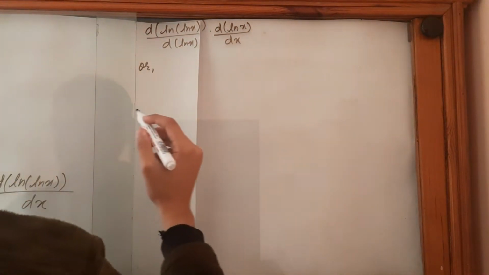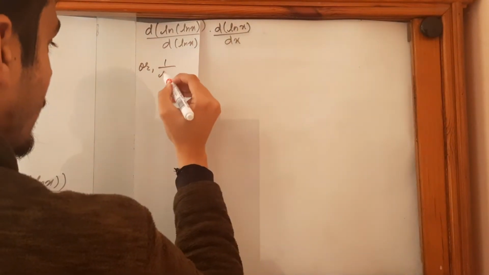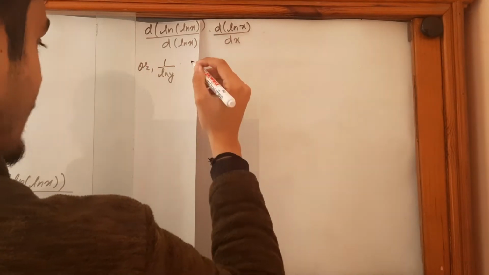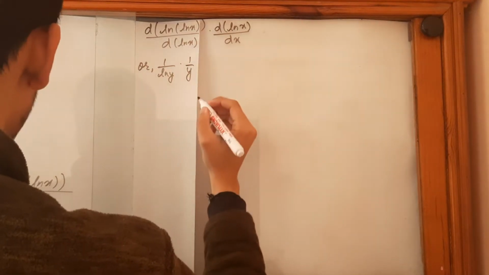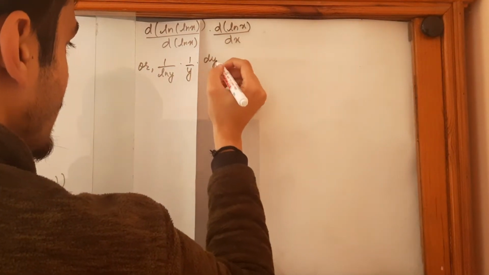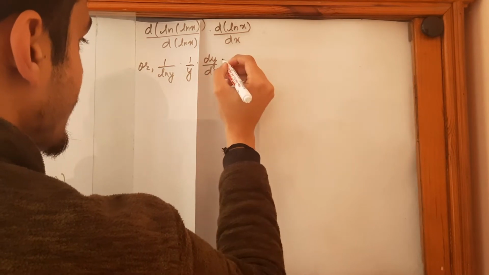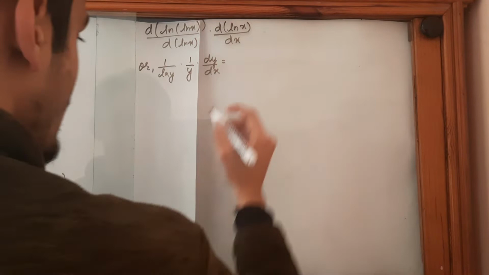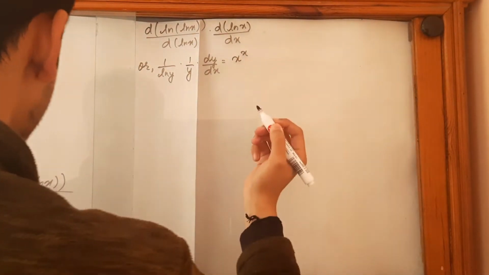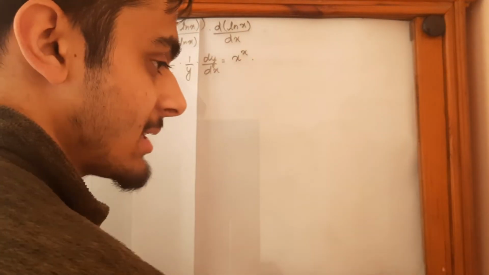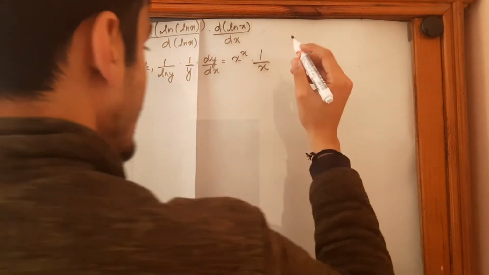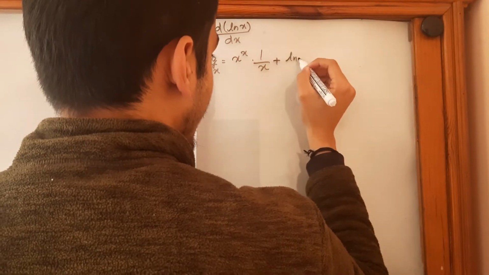So that becomes 1 upon ln y, and ln y with respect to y becomes 1 upon y, dy upon dx as it is. And then x to the power x as it is. Ln x with respect to x becomes 1 upon x, and ln x as it is.